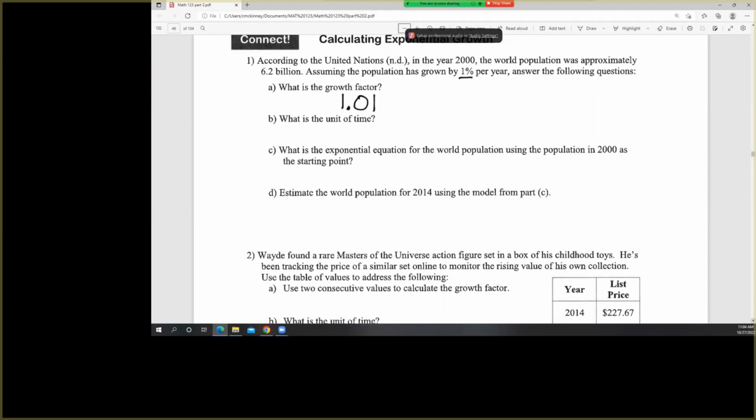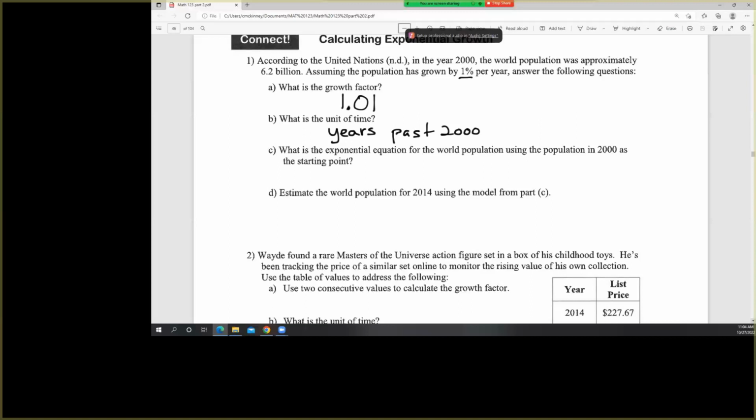And then in this case, the unit of time is years, but it's years past 2000. So like if we want the date, we would have to add to 2000 if we want the actual year.